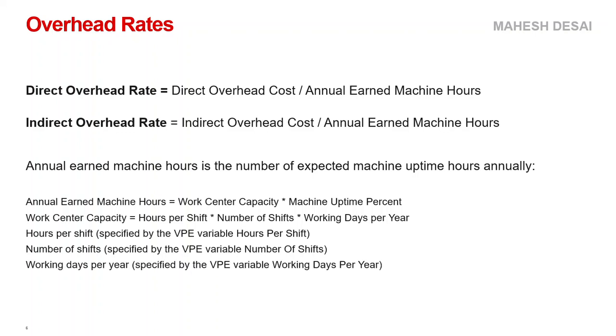Working days per year is also specified in a VP variable. These VP variables I will cover when I brief on VPs, so there you will come to know how this data is stored. Machine uptime is a machine property, and this is also data saved in the VP.